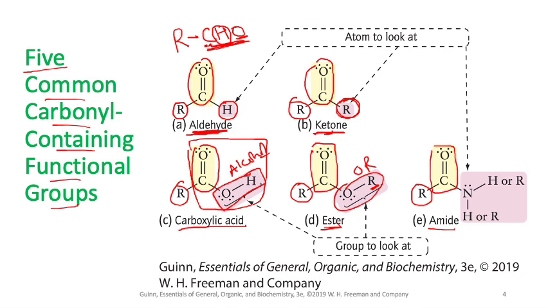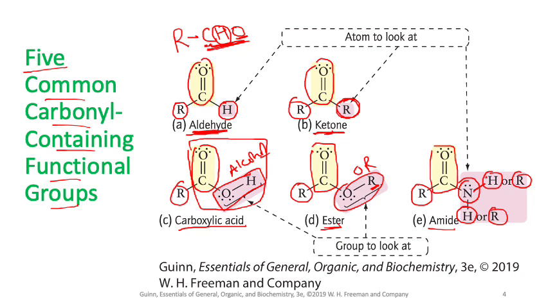And for amide, on the 4th bond we have a nitrogen group or ammonia group, right? So you can have either hydrogen on the nitrogen, or both can be replaced by R groups, or one of the hydrogens can be replaced by an R group and the other one stays hydrogen.